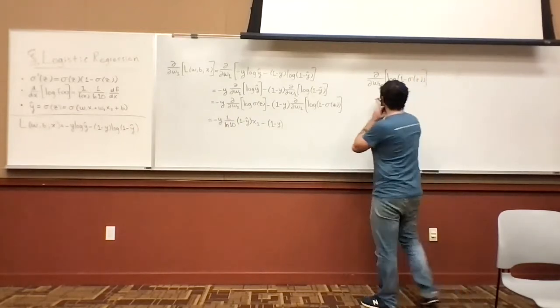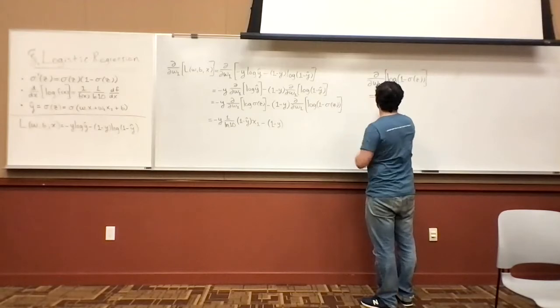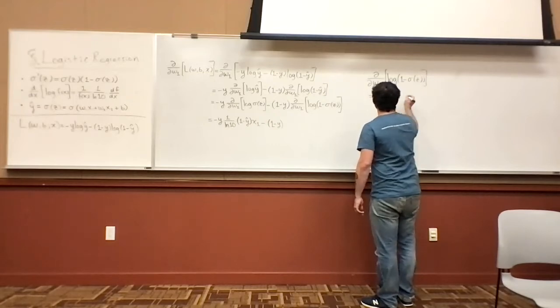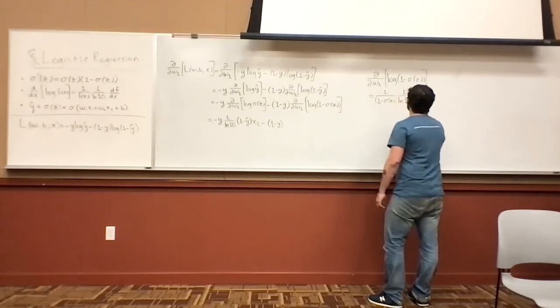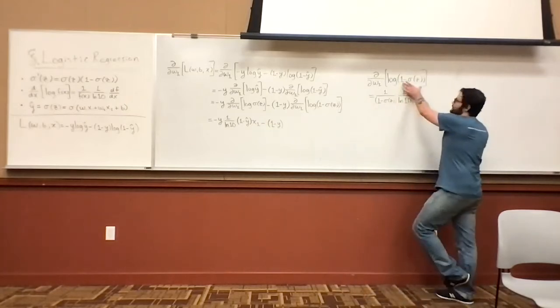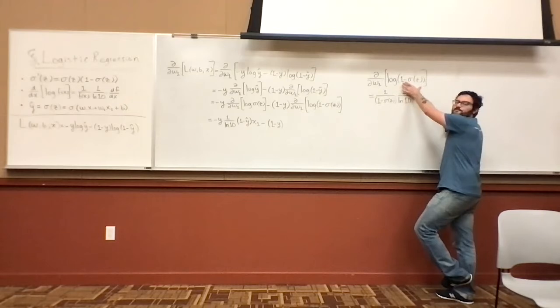Okay, well, this is going to be equal to 1 over 1 minus sigmoid of z times 1 over natural log of 10 times the derivative of the inside, right?